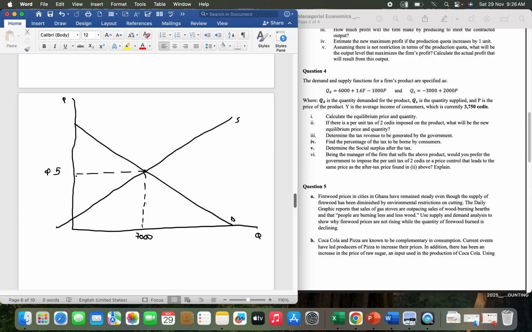The new equilibrium price was the new price we had. The new equilibrium price was 6.33. So you match it. And the new equilibrium quantity was 5,670.